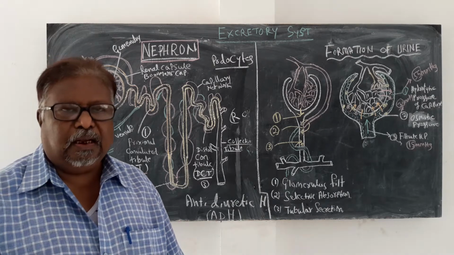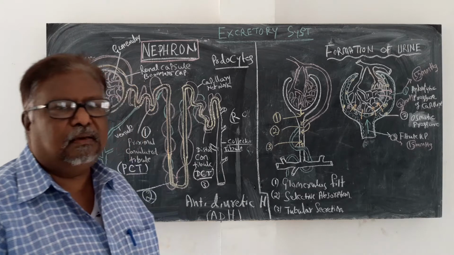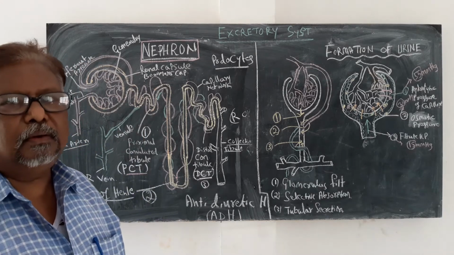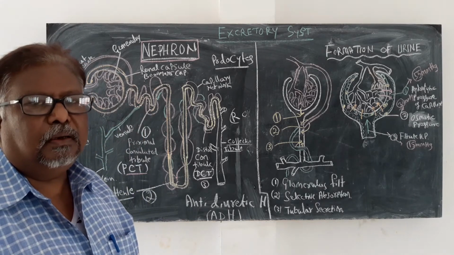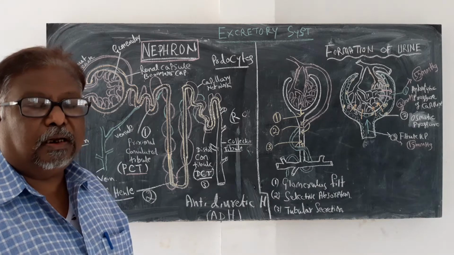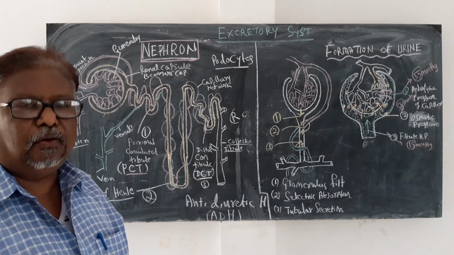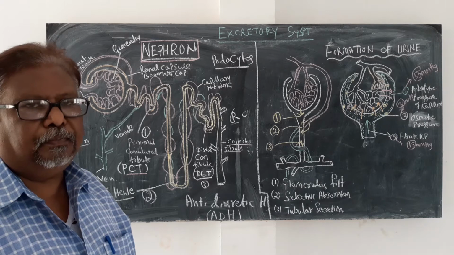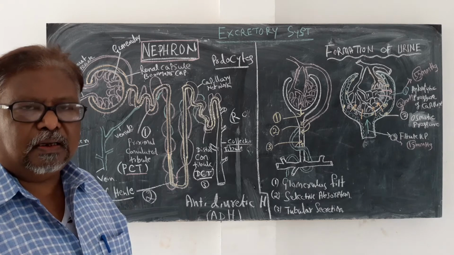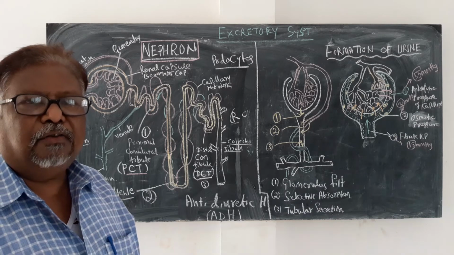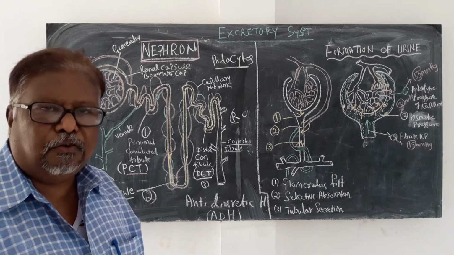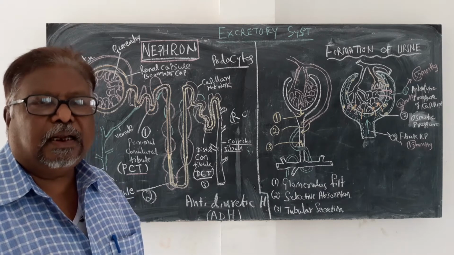That means the kidneys have specialized organs or cells which are called nephrons. I have explained about nephrons yesterday. The nephron is the structural and functional unit of the kidney.